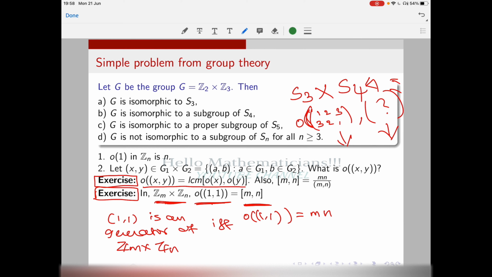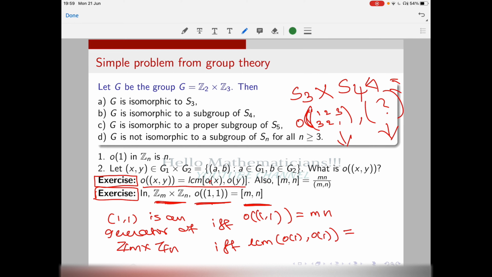But we have a formula for the order of (x, y). The order of (x, y) is LCM of order of x and order of y. So if and only if, we substitute the formula for the order of (1, 1), we get LCM of order of 1 and order of 1.